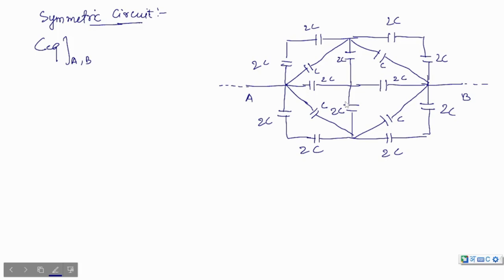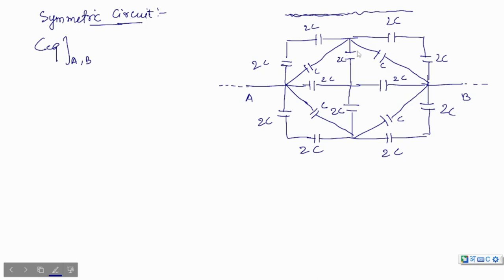See, by looking at this circuit, you can find out one thing: this part is almost, or you can say 100%, symmetric with the second part, or you can say the upper part is symmetric with the bottom part, right? In this type of situation, you need to draw an axis of symmetry.